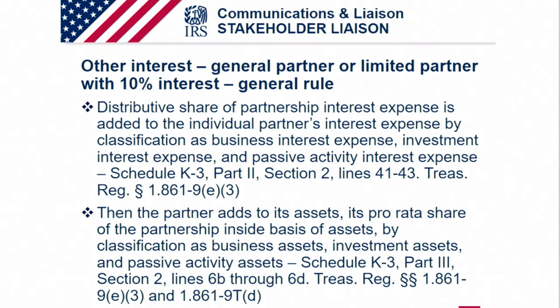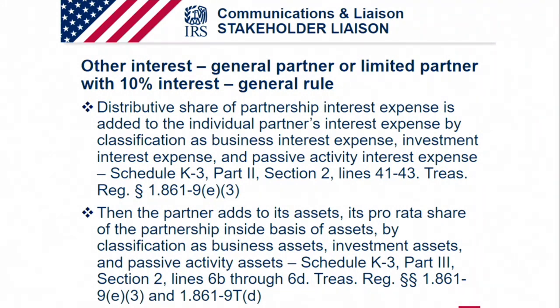This information comes from the Schedule K-3, Part 2, Section 2, lines 41 through 43. These lines report any distributive share of other interest expense, business, investment, or passive activity.